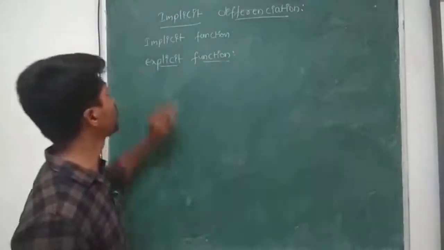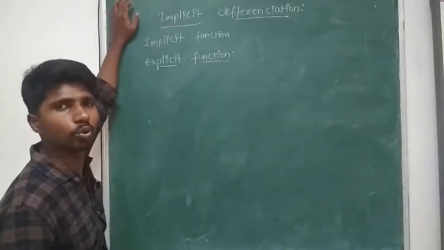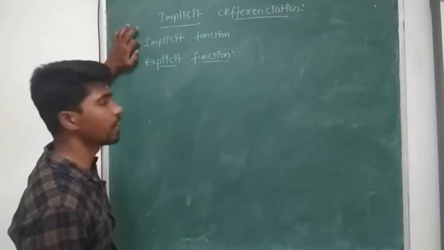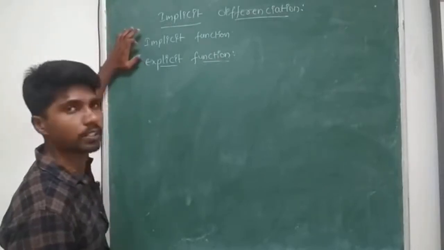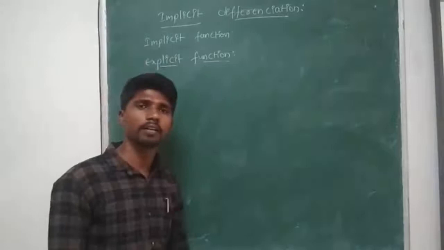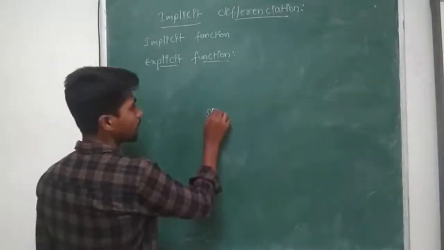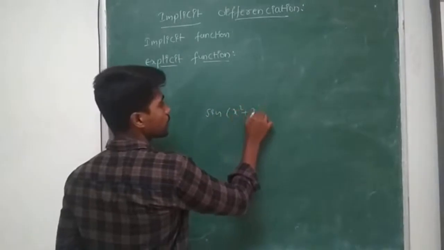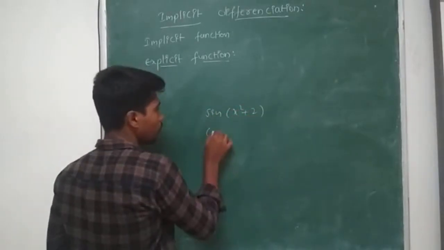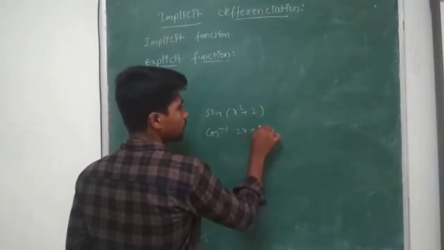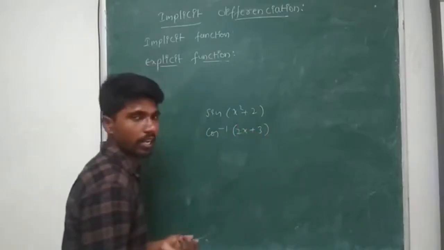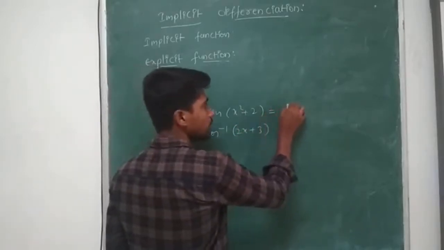So before going to implicit differentiation, we should know two things. What do you mean by implicit function and what do you mean by explicit function? Till now while doing differentiation, the functions given were like sine of (x^2 + 2) or cos inverse of (2x + 3). I took this as equal to y.